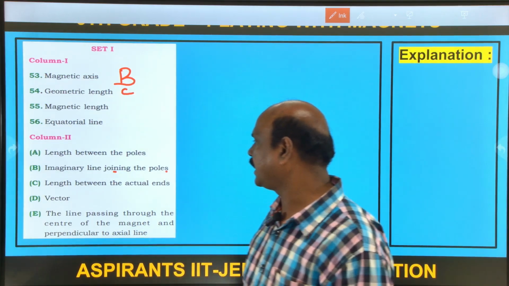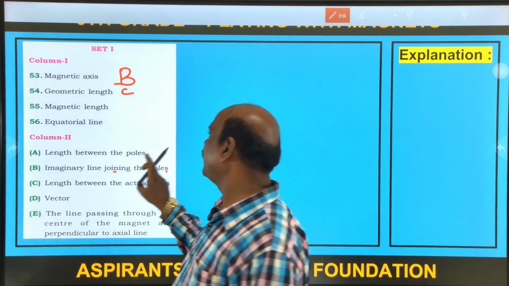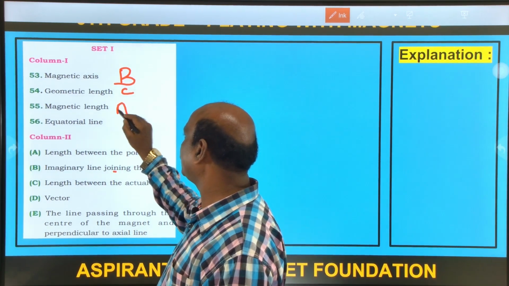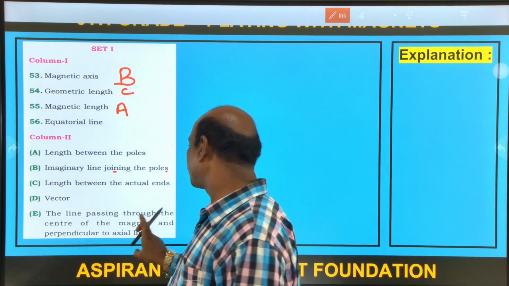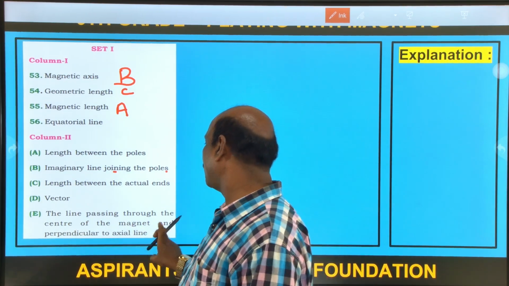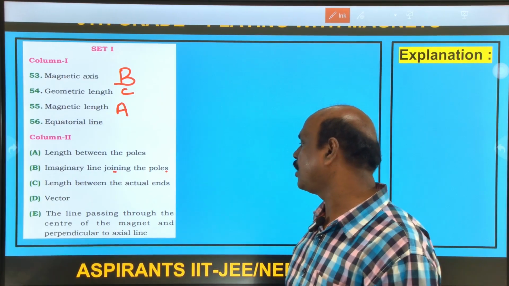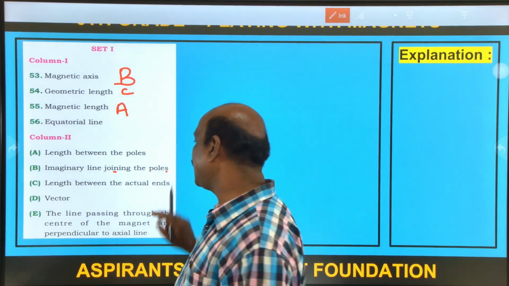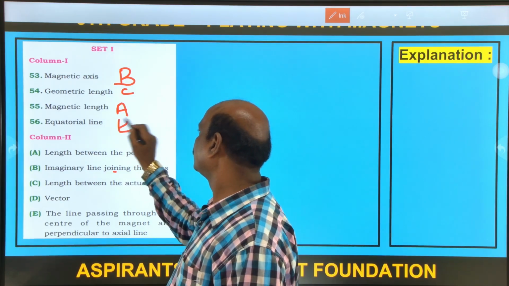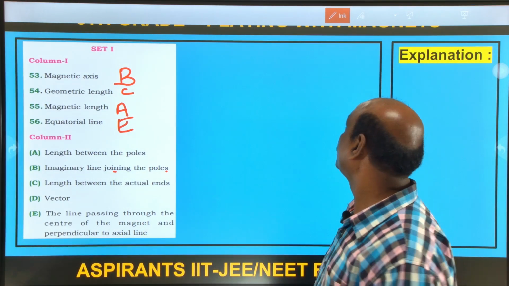Next, magnetic length. The length between the poles is called magnetic length. Then equatorial line: the line passing through the center of the magnet and perpendicular to its axis is called the equatorial line.